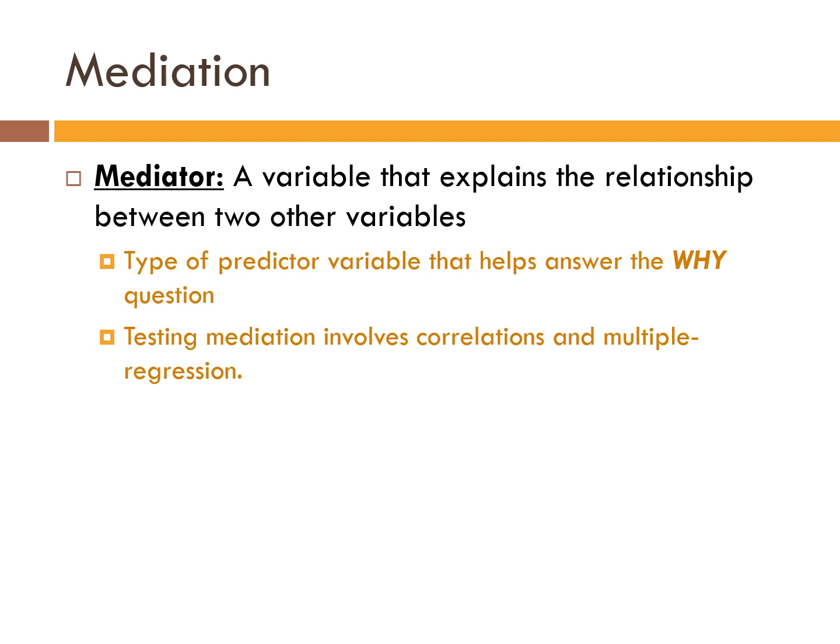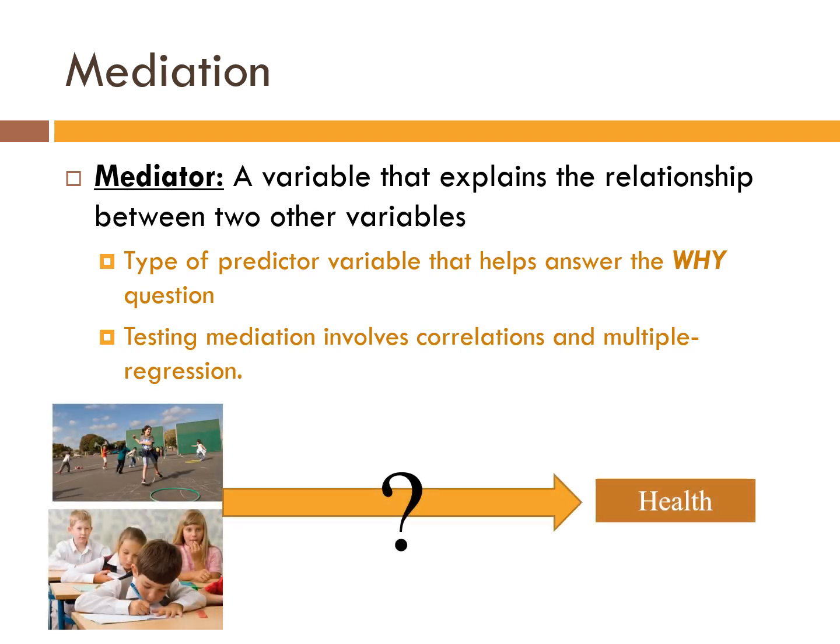Mediation involves the correlations and multiple regression for us to test whether in fact a variable is a mediating variable. As an example, I might have a question about whether kids are healthier depending on whether they go to recess or stay inside writing.